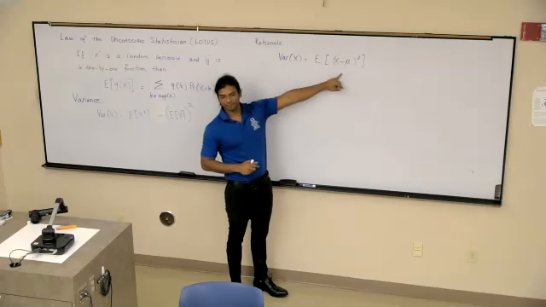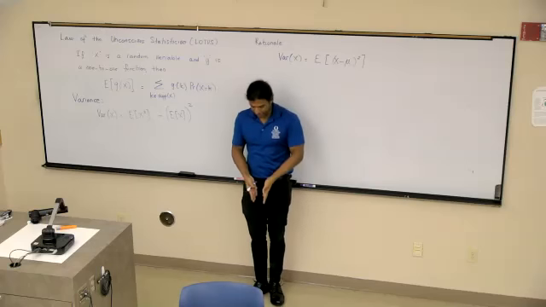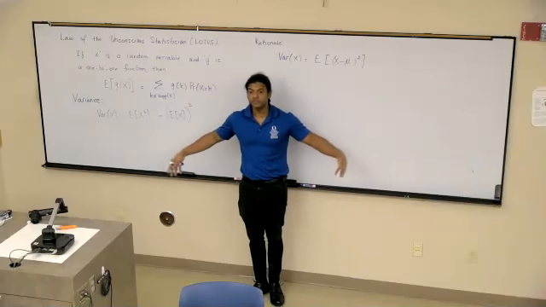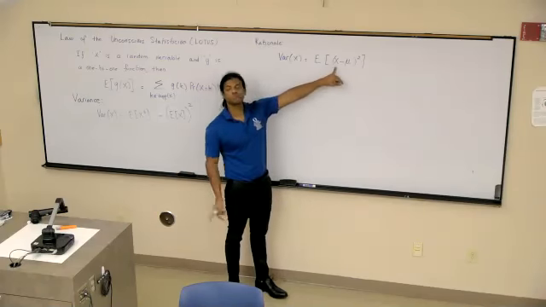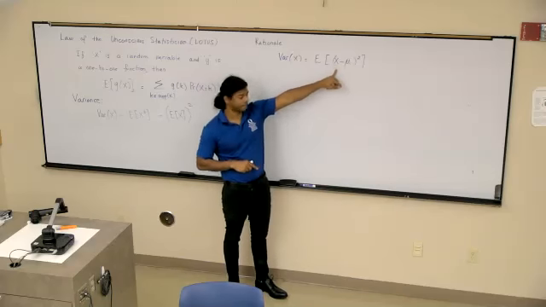Mu here is simply the expectation, the mean. So I'm starting at the mean, looking at where each value is at. So I'm doing it for the entire random variable, all possible outcomes of the random variable.